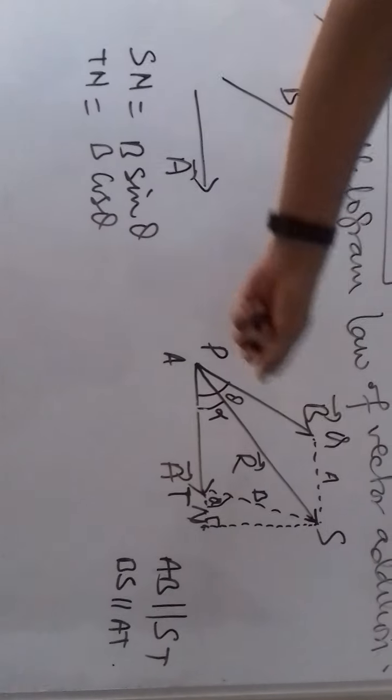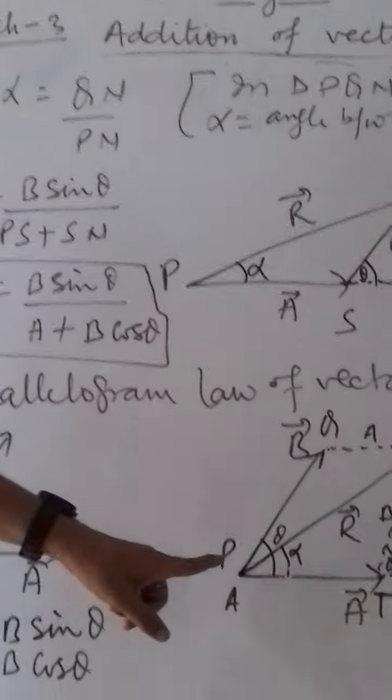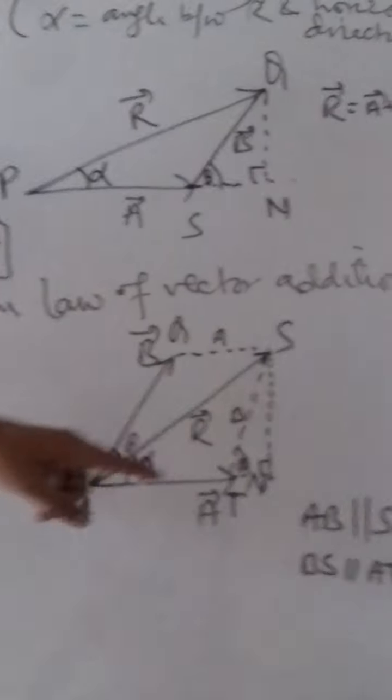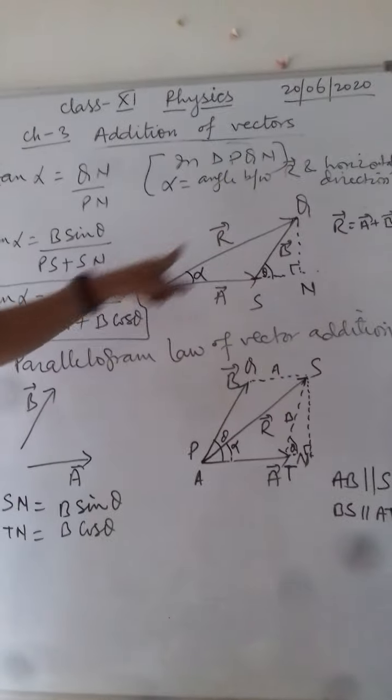Actually, the parallelogram law of vector addition converts at last into the triangle law of vector addition. We can observe here this triangle ASN just as in this figure.